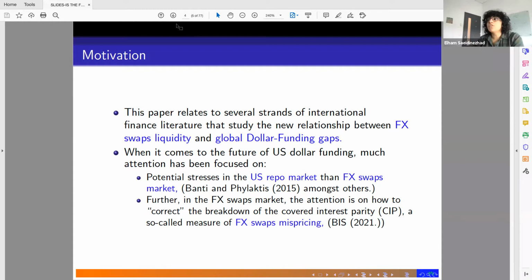When it comes to the future of US dollar funding, however, most of this literature is still focusing on the US repo market and overlooks the trends that are changing the FX swap market. That's why the papers in this literature label the collapse or breakdown of covered interest parity, which we're going to talk about later, as FX swap mispricing.